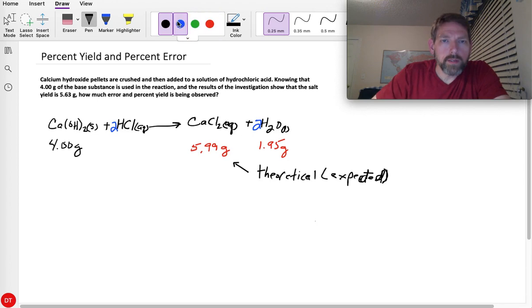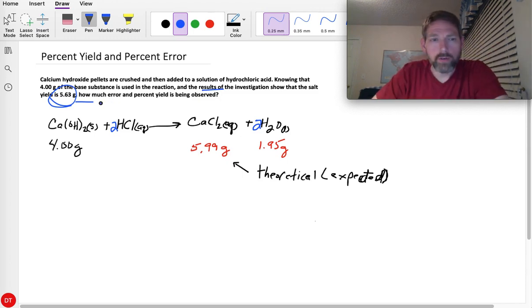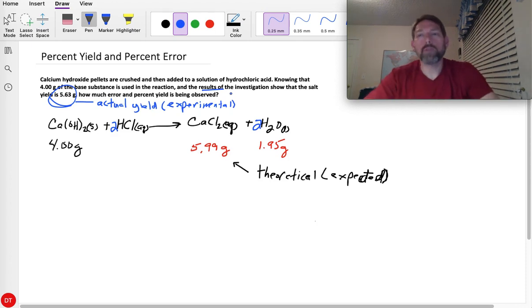So that means that this value right here is saying that the results are showing this. We know that this is what has actually happened in the reaction. So we have to define this as our actual yield, which is also sometimes referred to as the experimental yield. Don't let those terms confuse you.